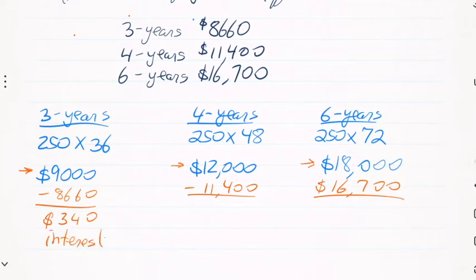That's not bad. Of course, then you're only borrowing $9,000 for 3 years. This one would be $600 of interest. And this one would be $1,300 of interest.